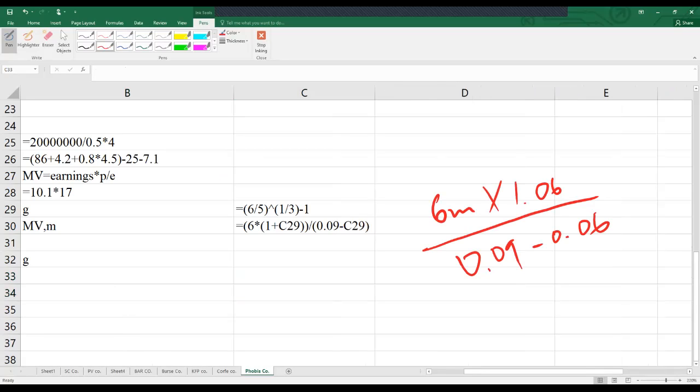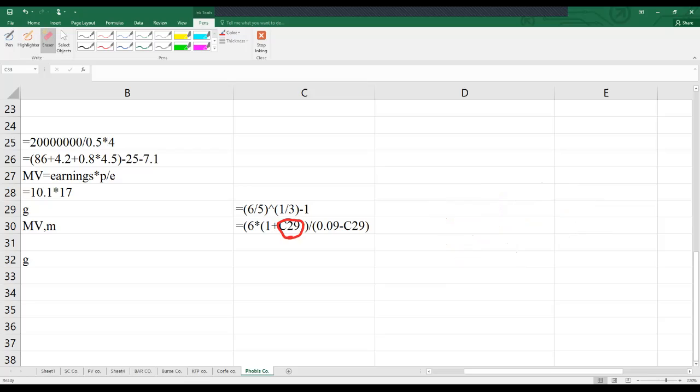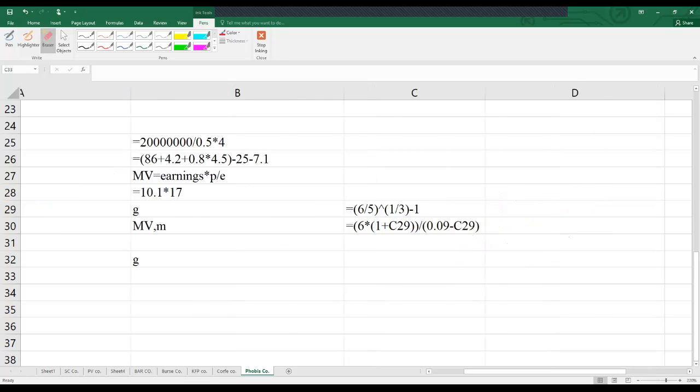Don't forget, I'm not typing these percentages. I'm referring to the cells of the working I've already done, so that I avoid any transposition error. As much as possible, avoid feeding in the data if you can make reference to an already done working.